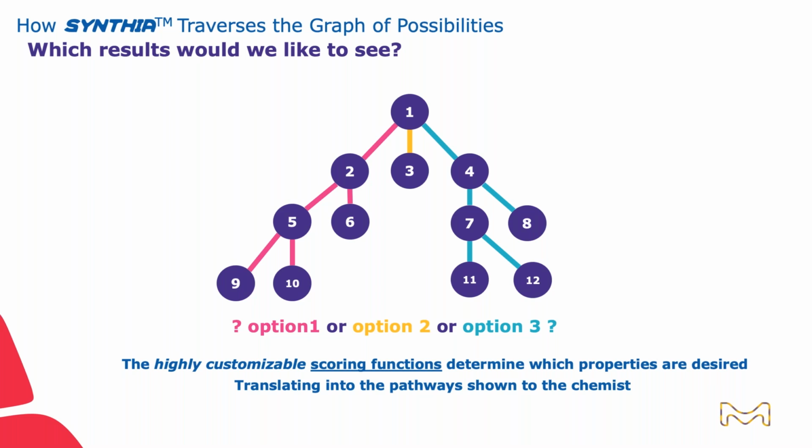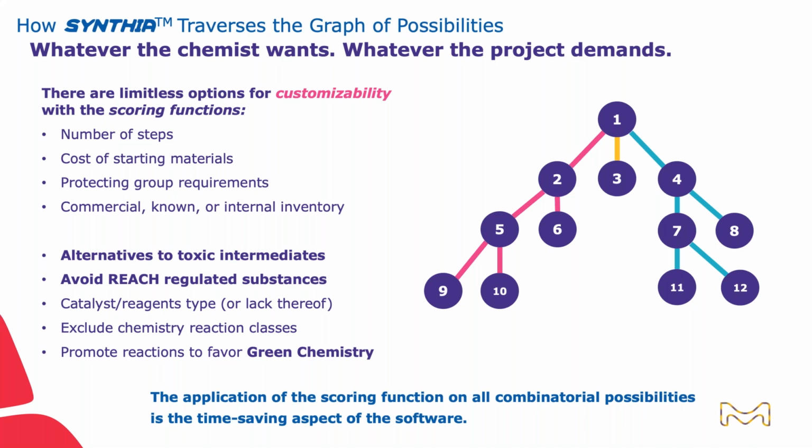But you can imagine that what's considered the best path is fairly subjective, and may not be the same even for the same molecule, for different projects or different chemists, depending on different criteria. So we have something in Synthia called scoring functions, which allows you to customize how Synthia ranks the paths and scores those overall cuts. We'll see this more when we get into the live demo, but there are a lot of different ways that you can customize how Synthia ranks your paths. Some of the things it takes into account are, of course, the number of steps in the route.